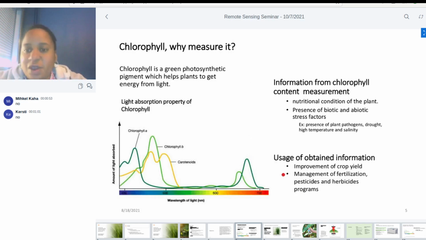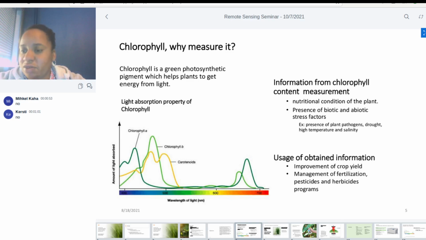First we have chlorophyll and why to measure it. Chlorophyll is a green photosynthetic pigment which helps the plants to get energy from light. Measuring chlorophyll in plants can give us a general overview of the health state and can help us determine the nutritional status and if there is presence of any stress factors that could affect their development.